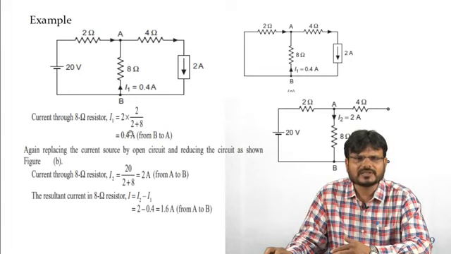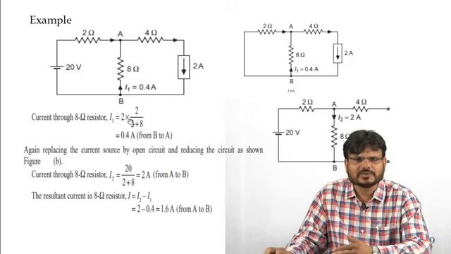So how can you calculate I1? I1 can be calculated from the total current, that is 2 ampere. It will be divided between this 8 ohm resistance and the 2 ohm. How do you calculate this current? You multiply the current by the resistance of the opposite branch. So this branch is opposite to this branch.